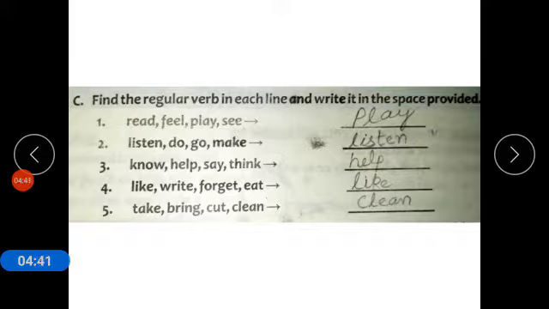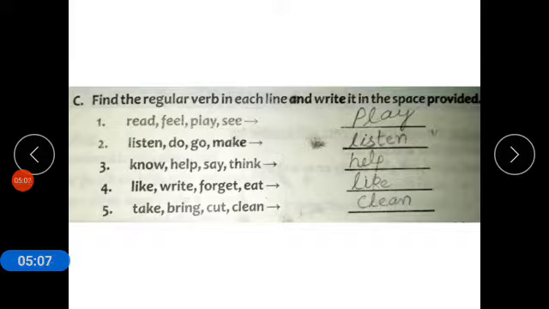Play is a regular verb because it is formed by adding ed at the end for the second and third forms. So play is a regular verb. See, saw, seen. It is an irregular verb. Now coming to the second one, listen.